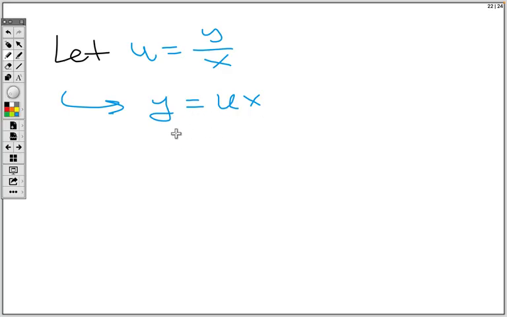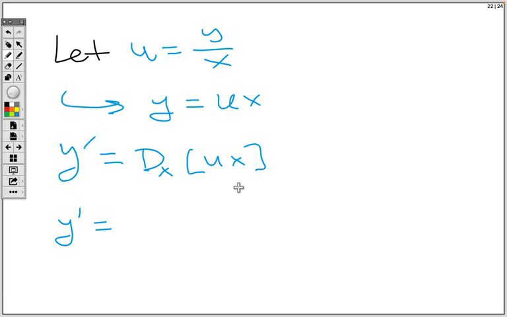Okay, so now we need to figure out how the derivative is going to work. When I go to take the derivative here, y prime, what rule am I going to have to use if I take the derivative of this with respect to x? So y prime would be the derivative of this with respect to x. So what rule do I have to use here?